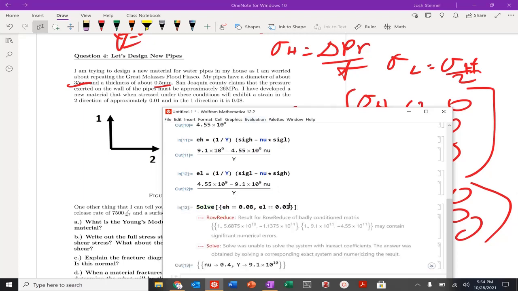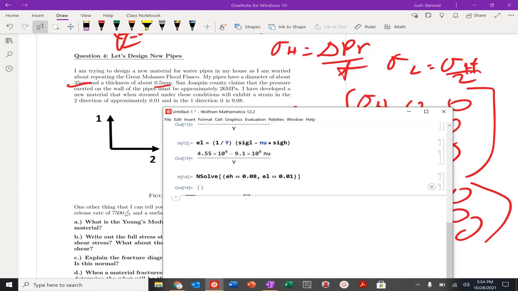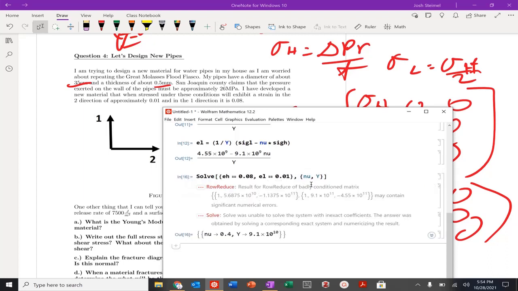And let's do solve for, excuse me, let's do numerically solve. Oops. Ooh, interesting. Doesn't like that one. How about let's do N solve? Sometimes you just want to check on what Mathematica is thinking. Ooh, interesting. Why don't you like that?